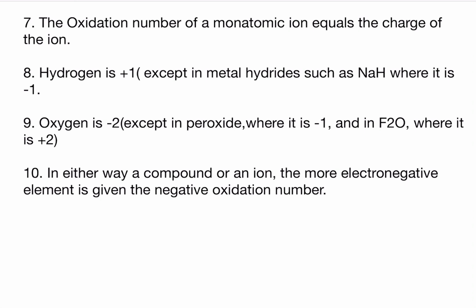Rule 9. Oxygen's oxidation number is -2 except in peroxides where it is -1 and in F2O where it is +2. Rule 10. In either a compound or an ion, the more electronegative element is given the negative oxidation number. Now let us do some examples.